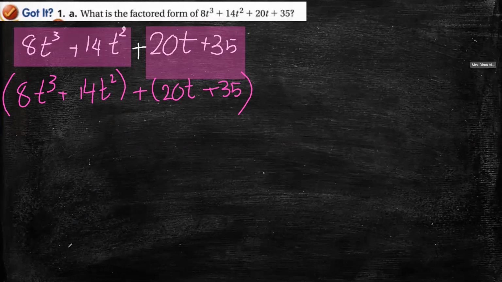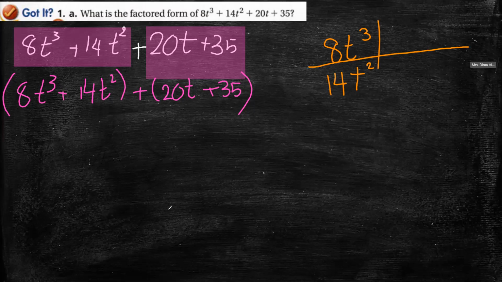Then now factor the greatest common factor from each pair. Let's start with the first pair here. We have 8t cubed with 14t squared. So it is 2 times 2 times 2 times t times t times t.